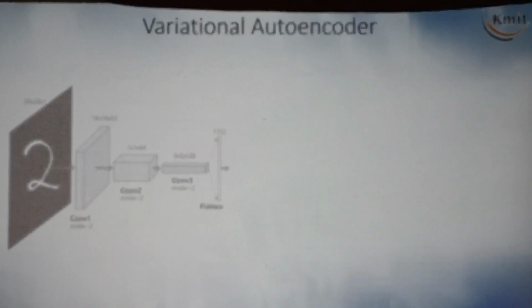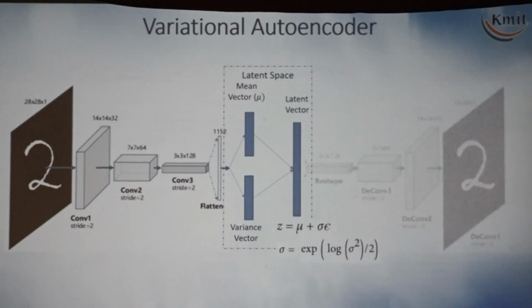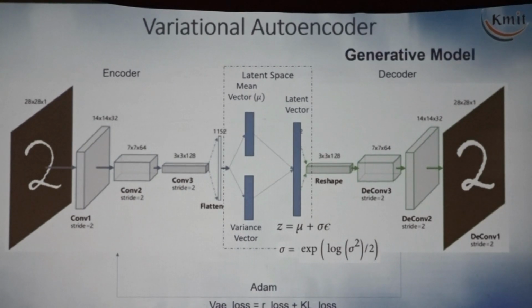And next, you know this, autoencoder. What are they? They are generative models. You know the discriminative model and the generative model, both. Discriminative is our traditional machine learning.